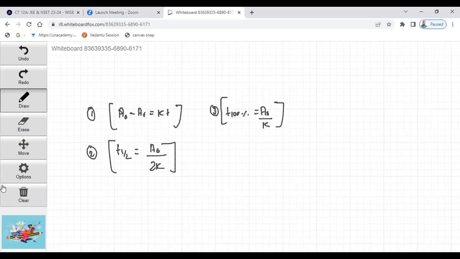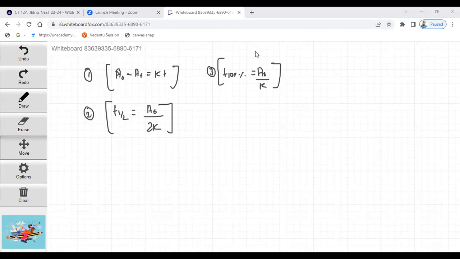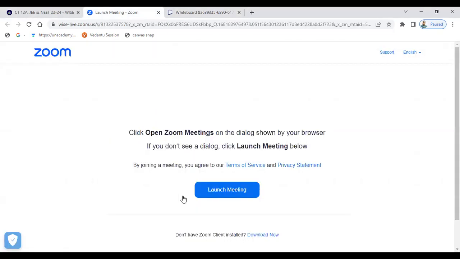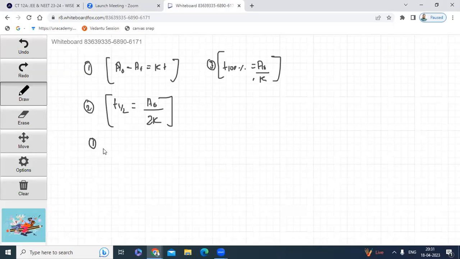After that, from this conclusion, if we draw the curve, we get the first result: this is the concentration At, this is the time t, so the slope will be negative.